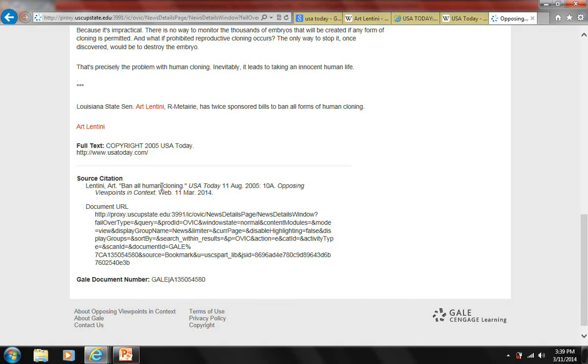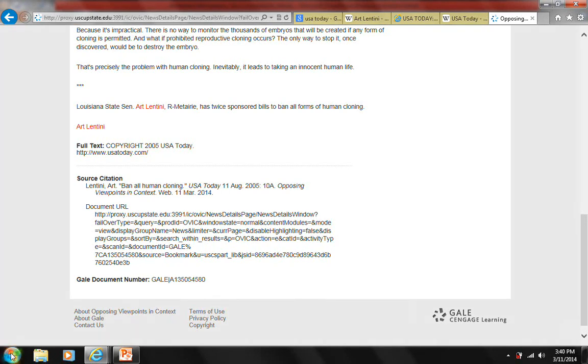Other things are, see how short this line is here? It might be that when you put this on your Works Cited page, this part ends in the middle of your page. That's not going to be correct, because this particular line is going to have to go until it naturally goes to the second line on your Works Cited page.